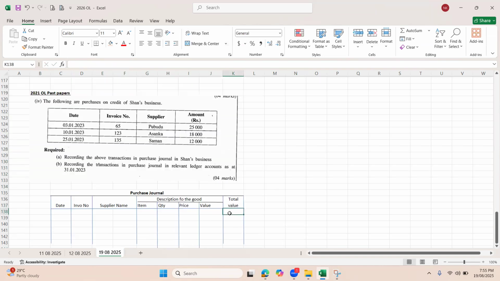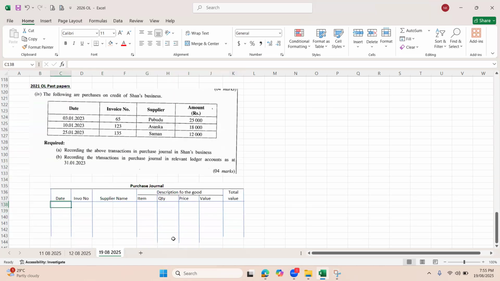So we'll update. Date is 3rd of Jan, invoice number 65, supplier Pubudu. They haven't given item, quantity, price; only value is given, total value 25,000.